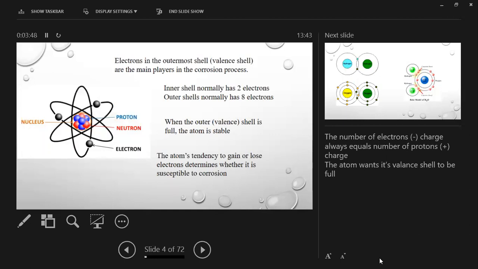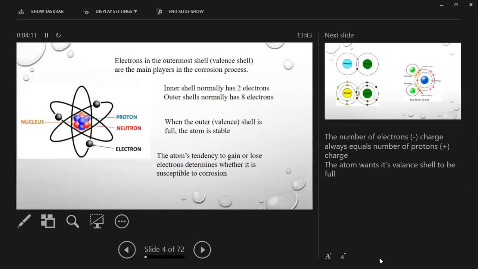The number of protons dictates the atomic number of an atom, and the number of protons, positive charges, always equals the number of electrons in a stable atom. It's the outer shell of electrons, and we're going to keep coming back to electrons all the time in this presentation. It's all about electrons.